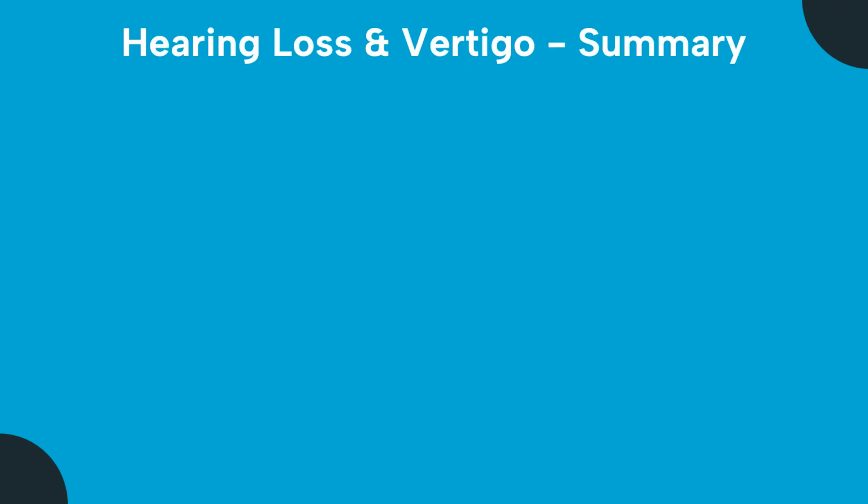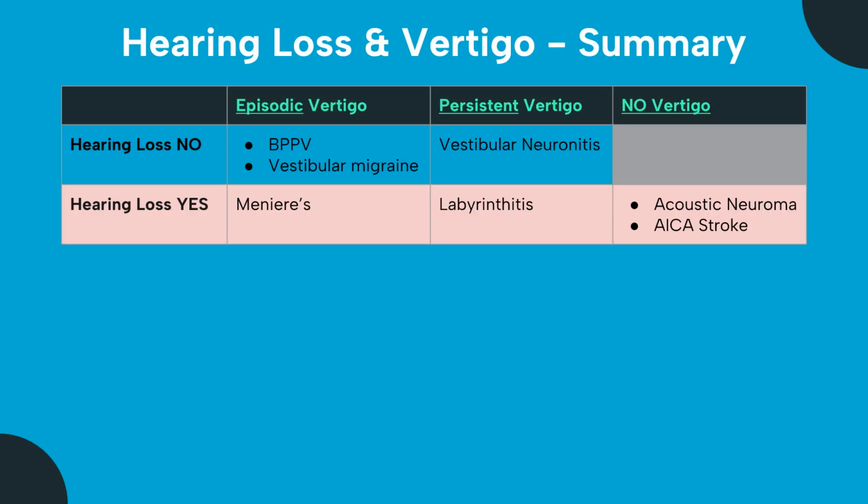So just summarizing hearing loss and vertigo, it's helpful to use these tables to stratify, for example, the episodic versus persistent vertigo, and whether hearing loss is associated with it or not. So for example, if you've got episodic vertigo with hearing loss, you'd be thinking Meniere's.